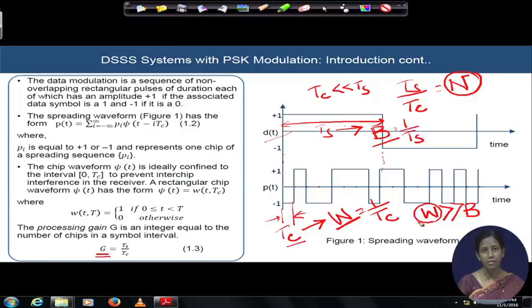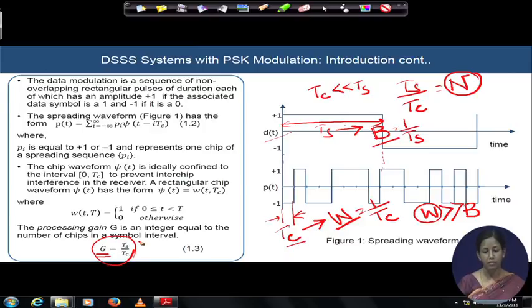We intentionally spread the bandwidth of the data modulation beyond the minimum required bandwidth, and there is a processing gain involved in the whole process. Why do we wish to do all that? As indicated in module 1, this kind of communication ensures message privacy or message secrecy, and we wish to get resilience against interference or jamming signals.